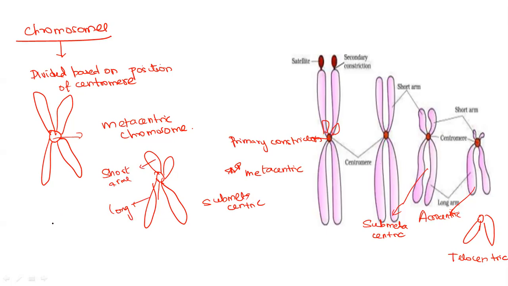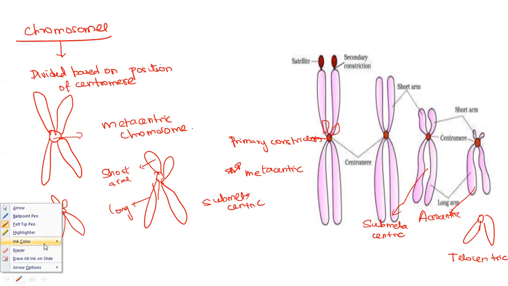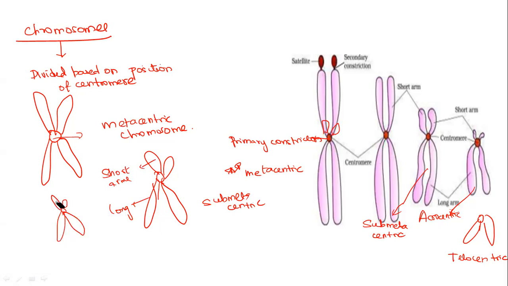Now, in case of an acrocentric chromosome, the centromere is situated close to one end.